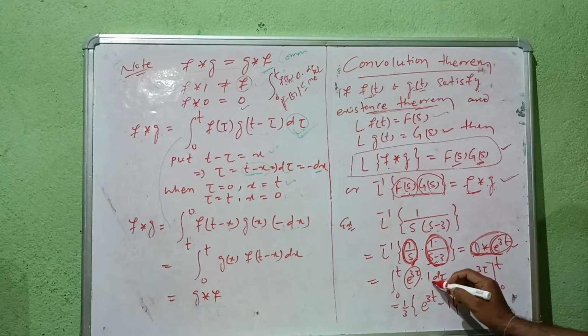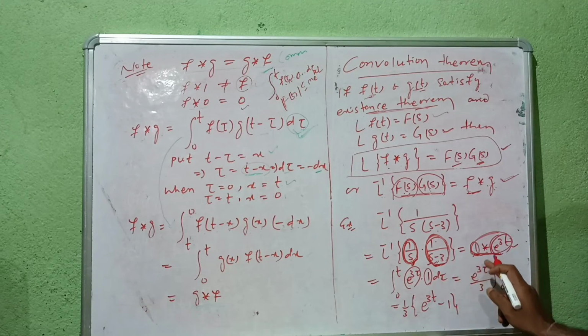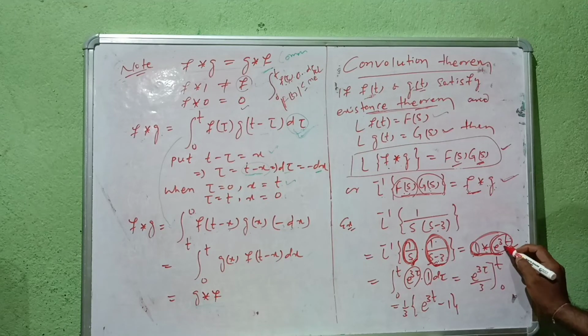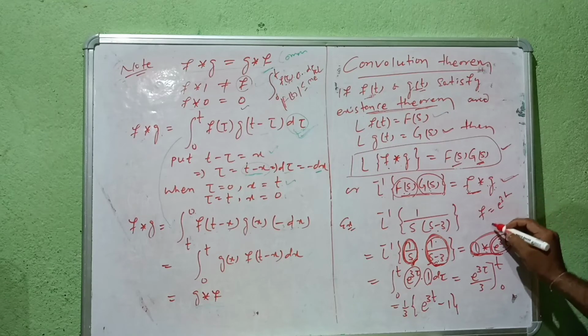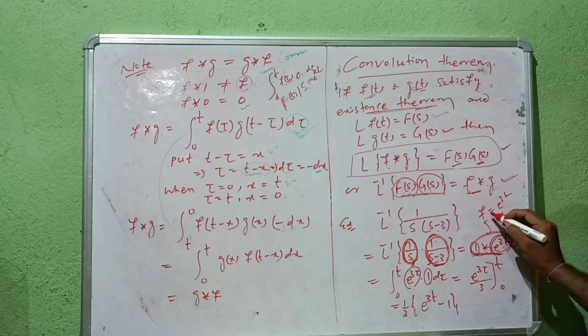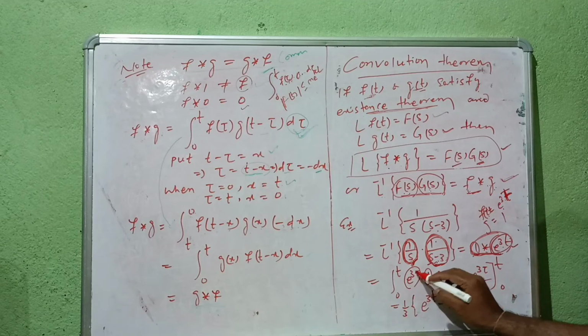So g of t minus tau will be 1 again, because there is no t, so we do not have to replace anything. It will remain unchanged. So f is e to the power 3t, g is 1. So in f of tau, we have to write e to the power 3 tau.